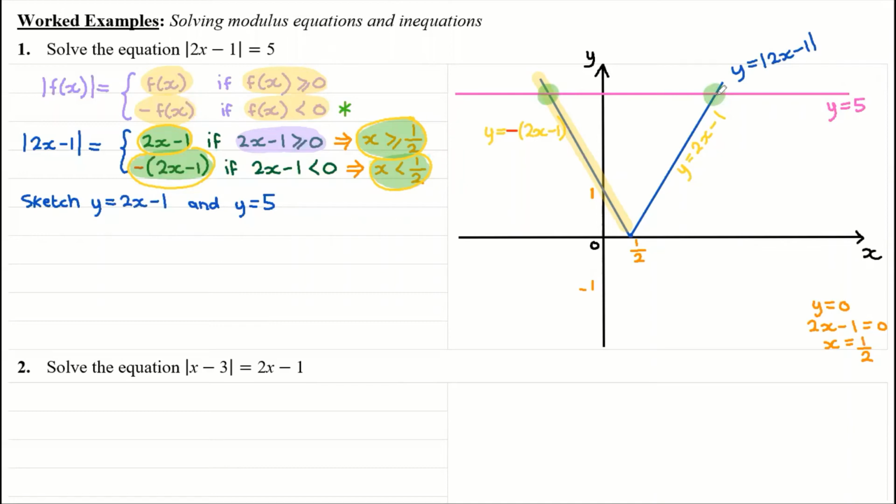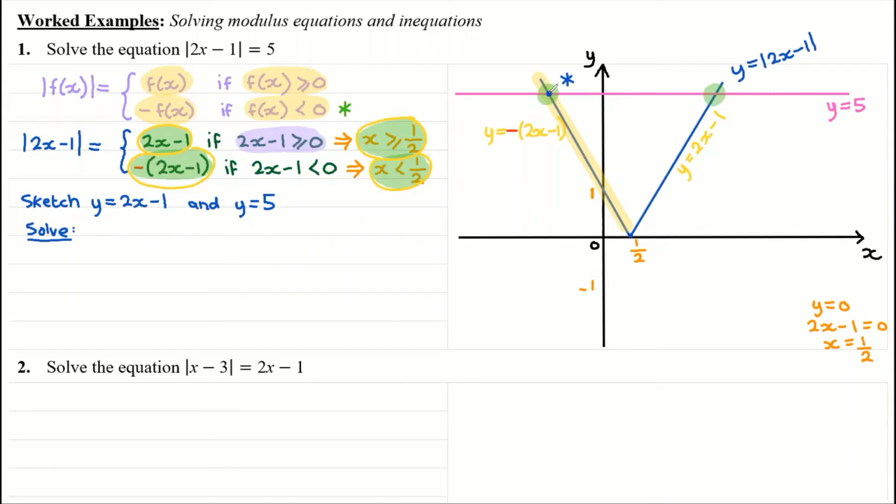So to do this algebraically, we just need to figure out what the equations are that we need to solve here. So we're going to solve, first of all, if you look at this point here, what lines are intersecting? Well, it's the negative branch intersecting with y equals 5.